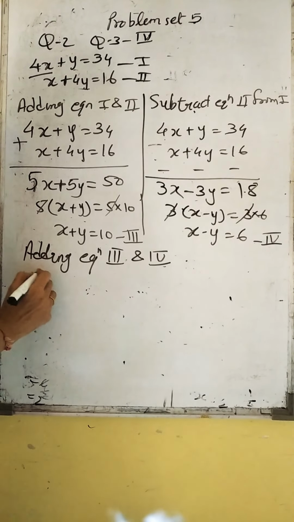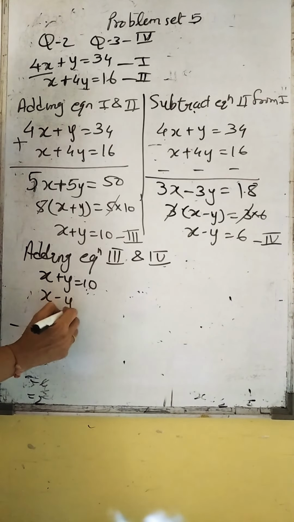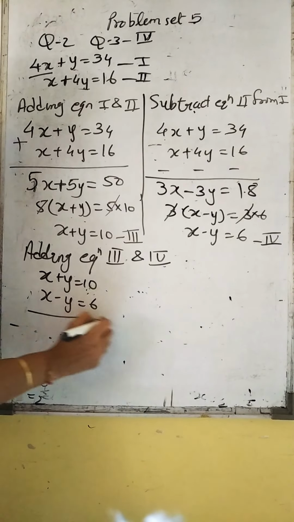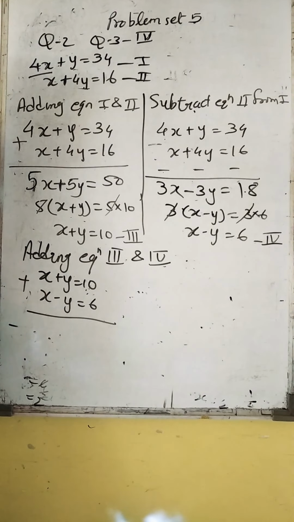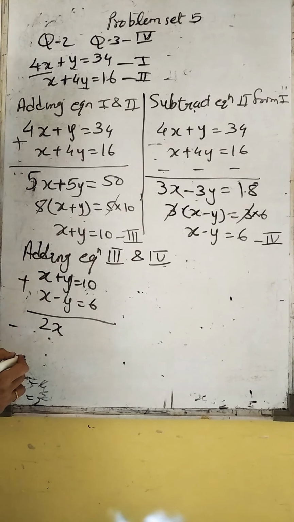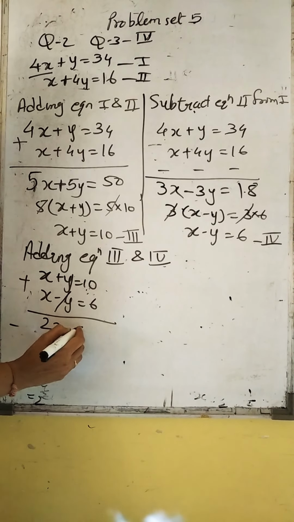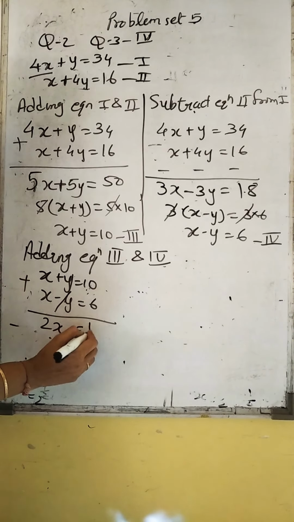What will you have? Add it. x plus y equal to 10 and x minus y is equal to 6. Add. Please put an addition sign. So x plus x is 2x. y and minus y cancelled. Okay. So you have to just cancel it. 10 plus 6 is 16.